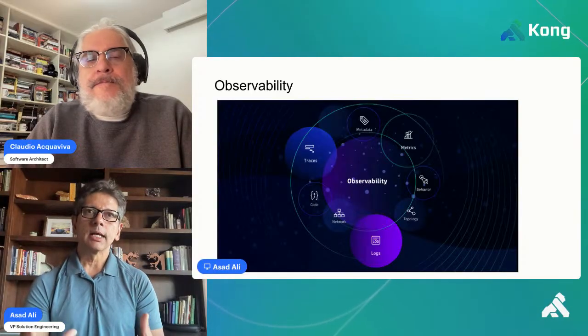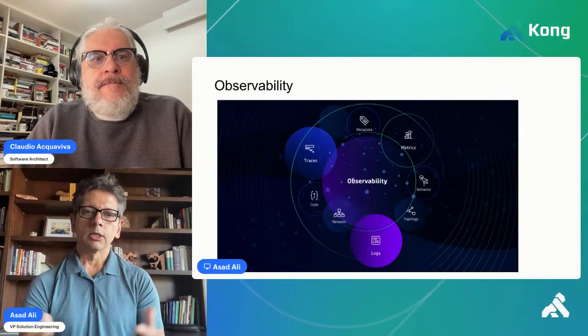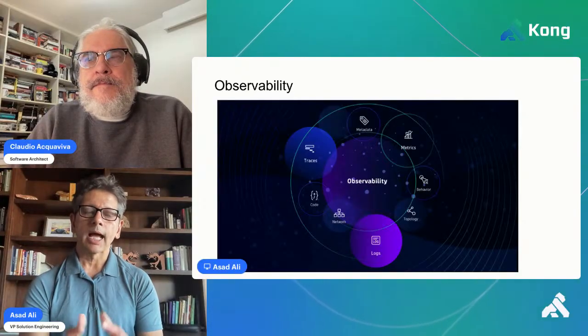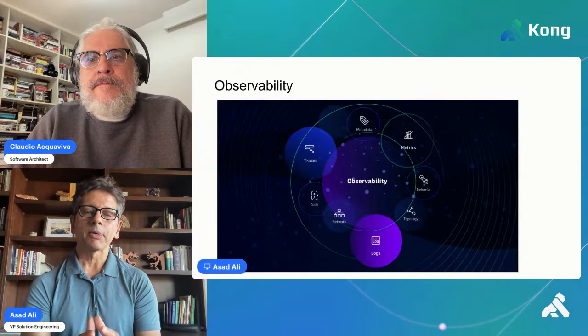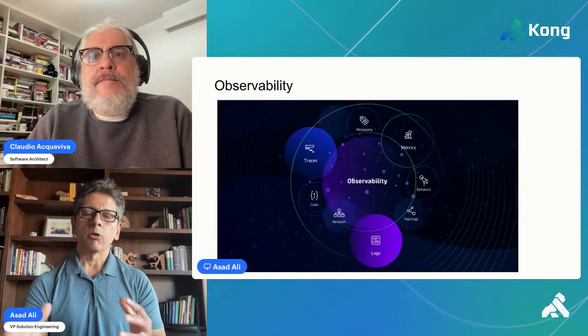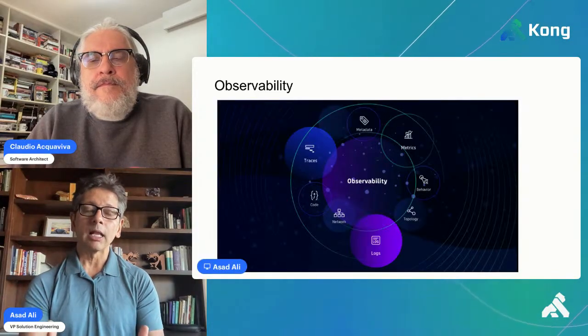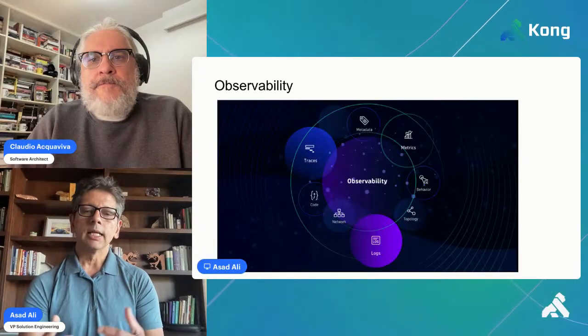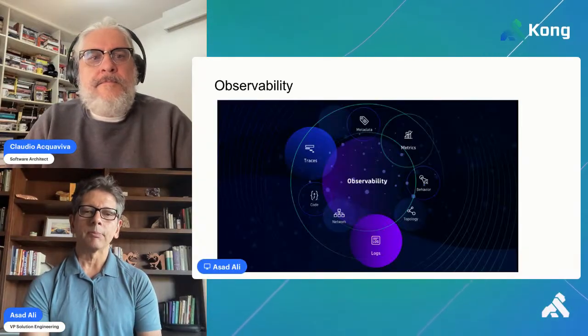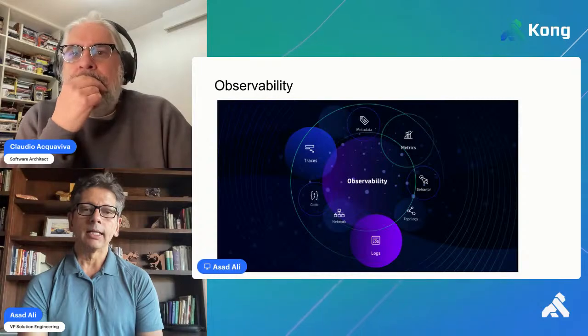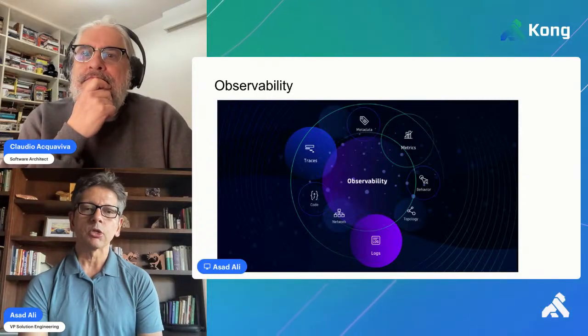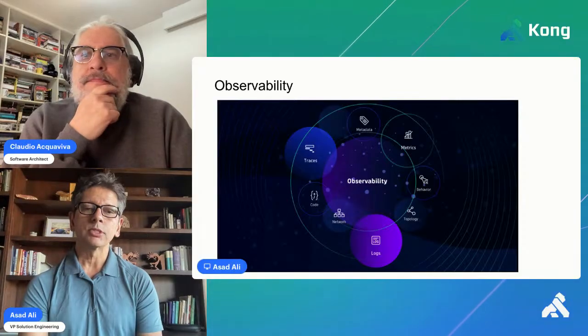Now, once this data comes to a centralized place, that's where the observability happens, where the telemetry data that is being collected is then used to really figure out whether the application is healthy, whether any end users are having any issues or not, whether there are errors that are impacting your end users.